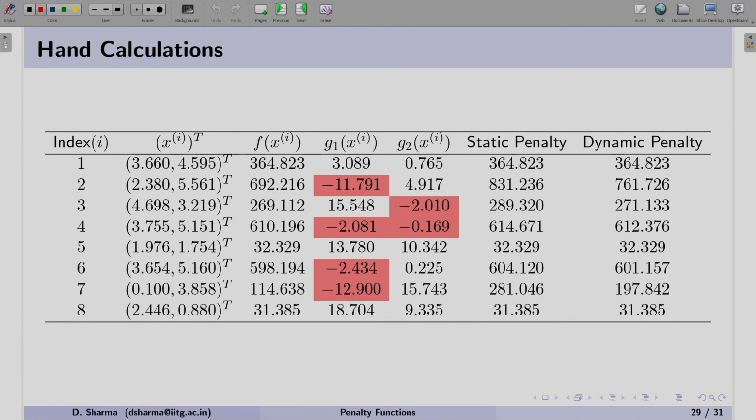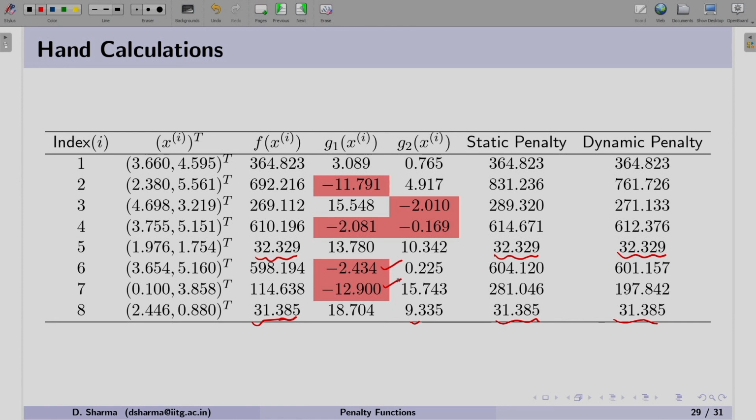Similarly, if we follow the same procedure for solutions 5 to 8, you can see that solution 5 is feasible, so the function value is the same as the static and dynamic penalty function values. Similarly for solution number 8. But for solutions number 6 and 7, the solution is infeasible.